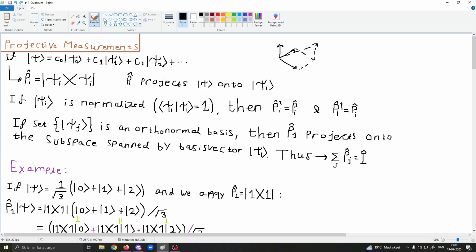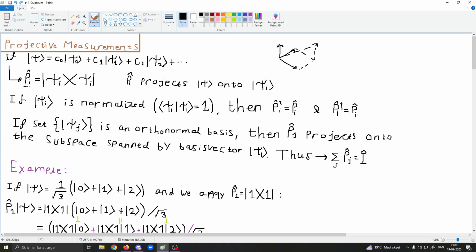It is a measurement which sort of measures how much the quantum state sort of points in that direction based on the specific basis vector you're trying to measure in terms of. So here's an example.